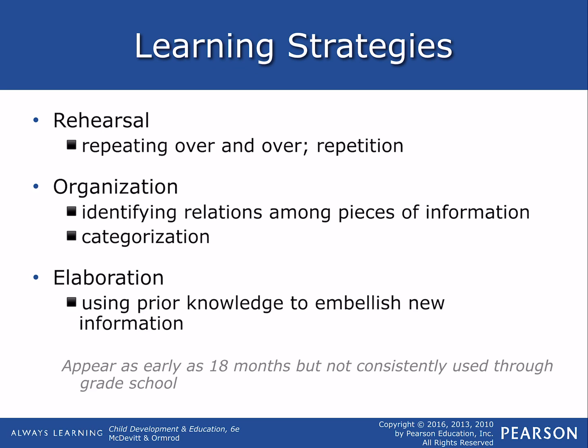Organization, remembering something by organizing it with categories, so things like chunking would come into this in order to remember more things at a time, or creating schemas and that sort of thing. Elaboration is using prior knowledge to pull in and expand and integrate new knowledge.